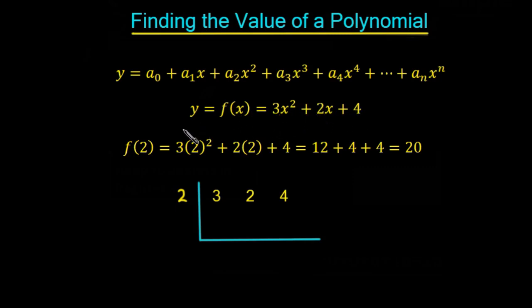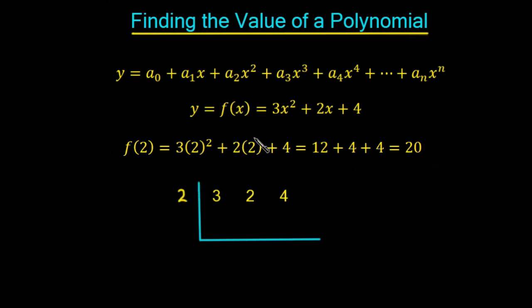But there is another method of doing it, and we'll show you it here. Now imagine if we wanted to program it into a computer, then this other method would be a good way of getting a computer to find the value for us. So let's go ahead and do it.